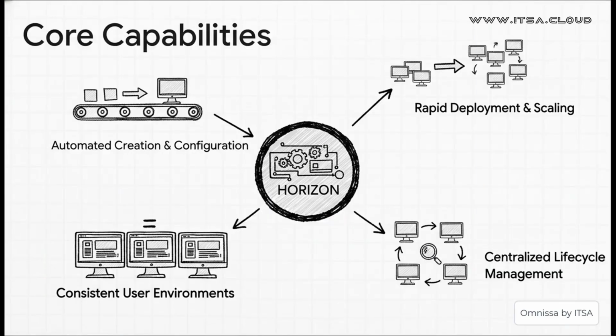And this is where the real magic comes in. With automated pools, Horizon just takes complete control of the whole process. We're talking rapid deployment, scaling up or down on the fly, and managing the entire lifecycle of these desktops from start to finish. And what's the result? You get a perfectly consistent, clean, and reliable environment for every single one of your users every single time.